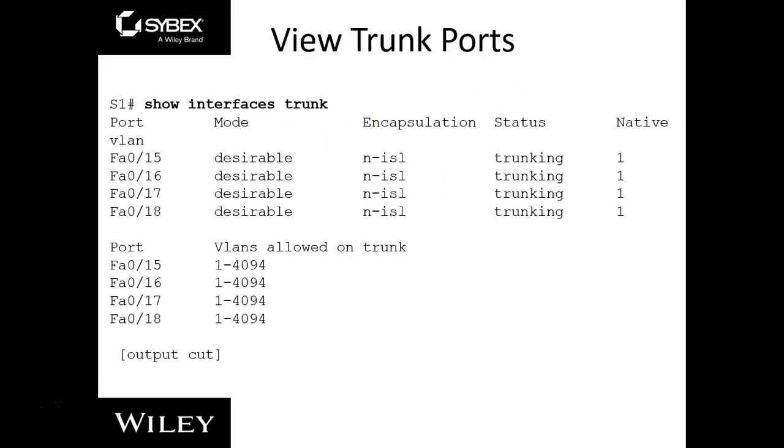Showing the access ports is show VLAN. Show VLAN will show you your VLANs and all your access ports. If they don't show up in show VLAN, odds are they're going to be a trunk port. But you can show the trunk port that shows their modes, their encapsulation.